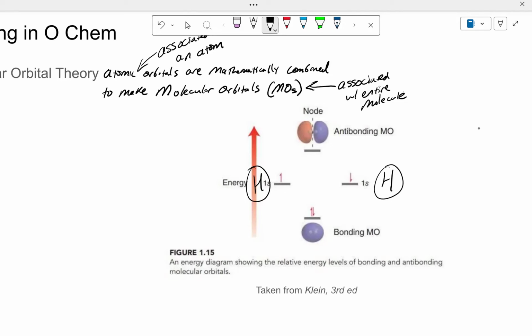We take those two atomic orbitals, one from each hydrogen, and combine them together to make two molecular orbitals. That's an important thing to remember: the number of atomic orbitals equals the number of molecular orbitals that get formed.